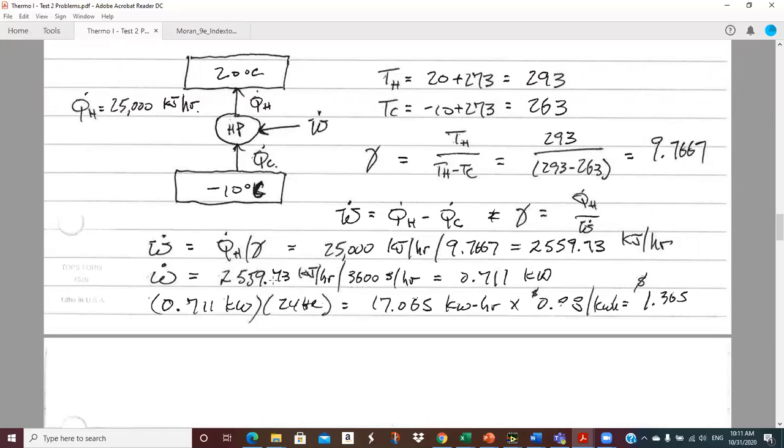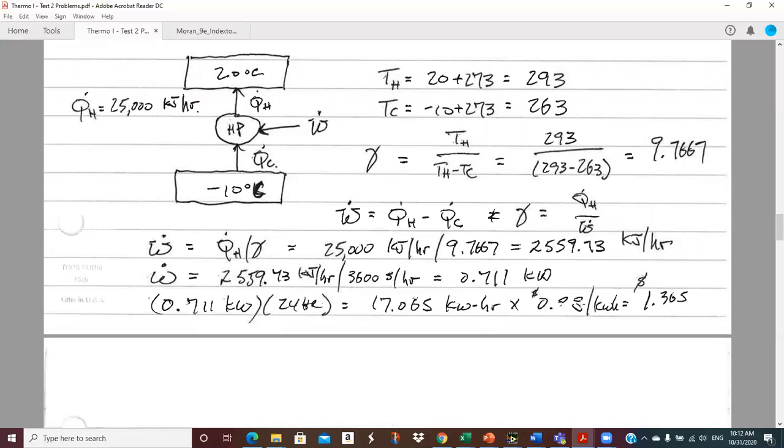And so that's what I have to pay for. Remember, a kW is a kilojoule per second. This is kilojoules per hour, so I have to divide by 3,600 to convert to kW. And so I get 0.711 kW. And then 0.711 kW over 24 hours is 17.065 kilowatt hours.